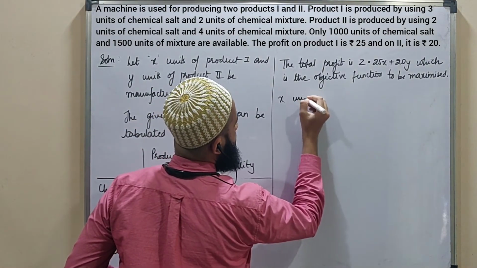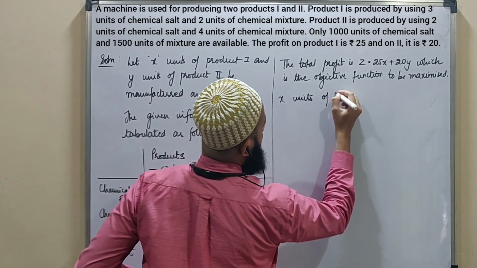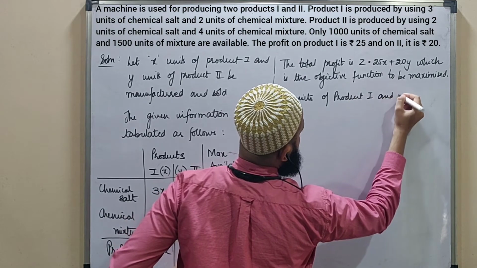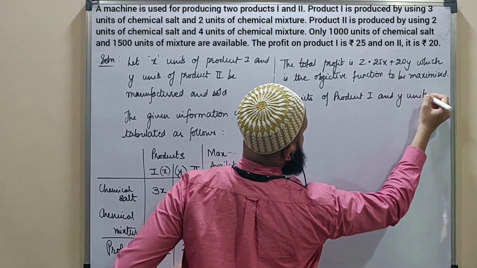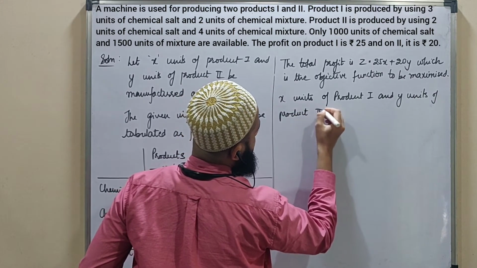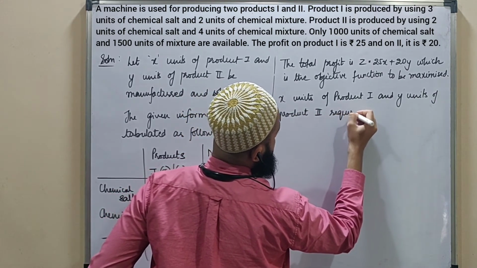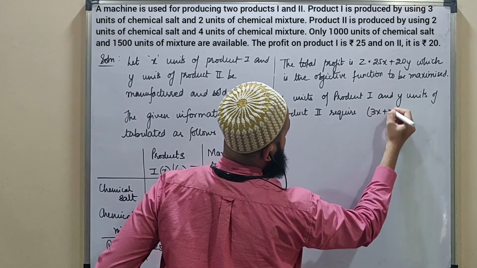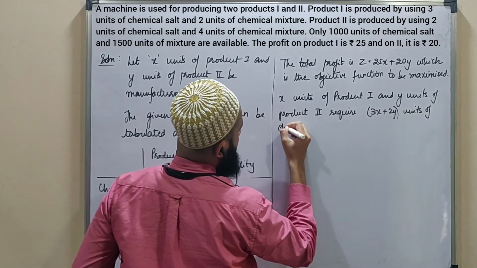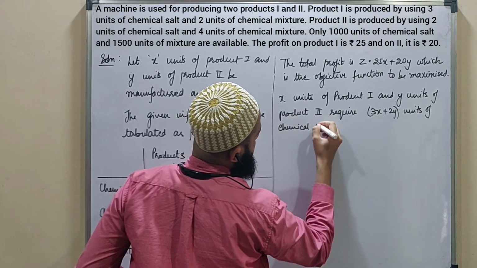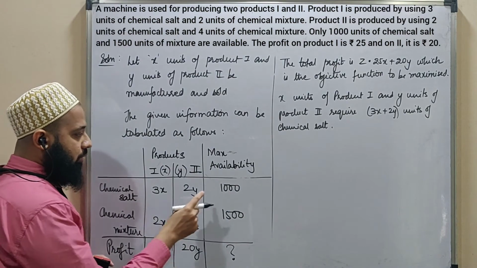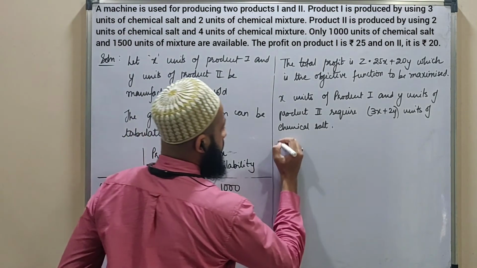X units of product 1 and y units of product 2 require 3x plus 2y units of chemical salt. However, the maximum availability stands at 1000, so that's what you mentioned.